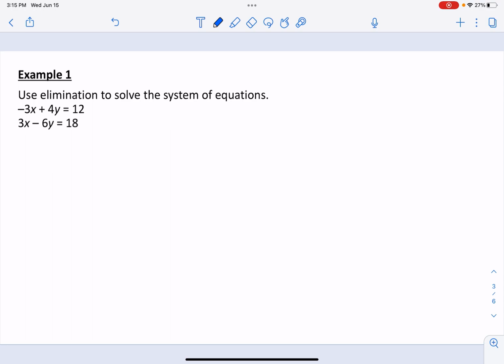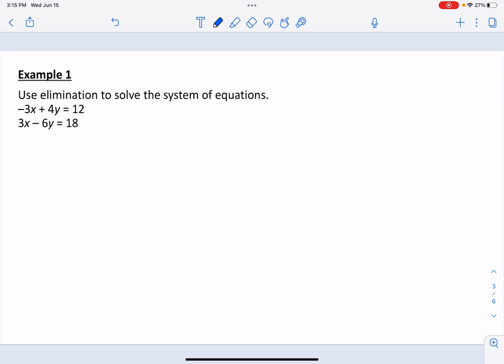So, looking at this, first example. What you want to make sure you realize is you're looking for the same coefficient, opposite signs. So just look at this. Do I have one variable in each equation with the same number in front and opposite signs? So I do.